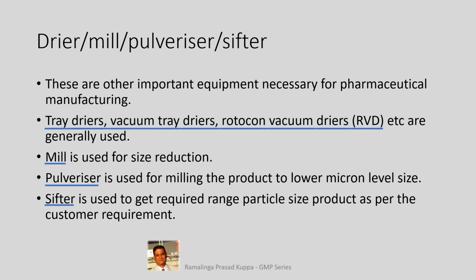For exact details of mesh number and mesh aperture size, you may refer to USP chapter 786. You get more details. So according to the exact requirement, the qualification should focus on necessary specifications.